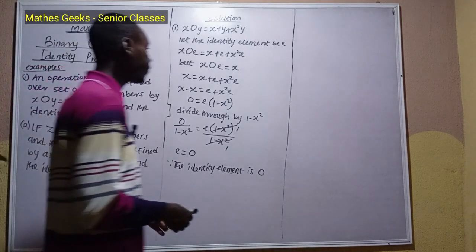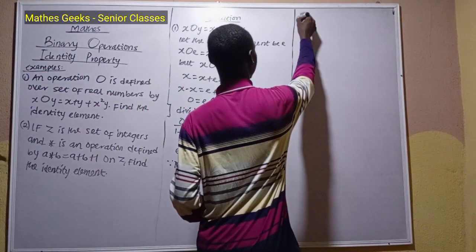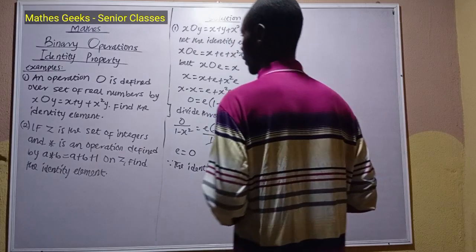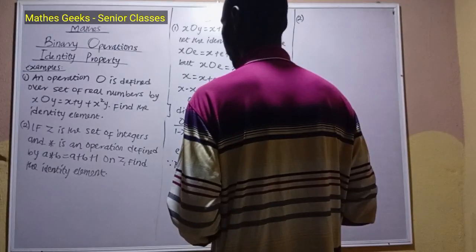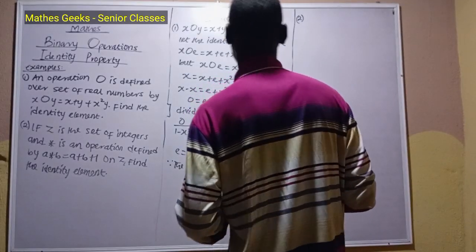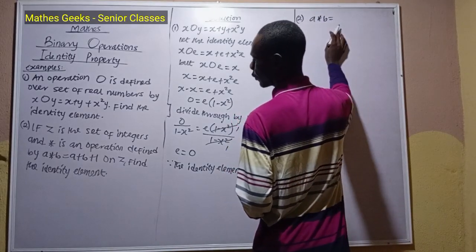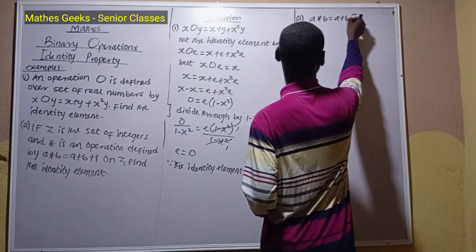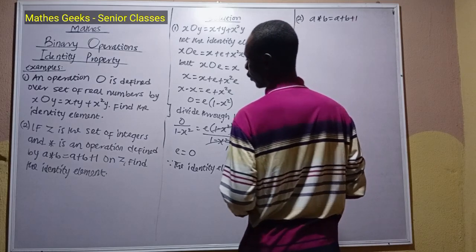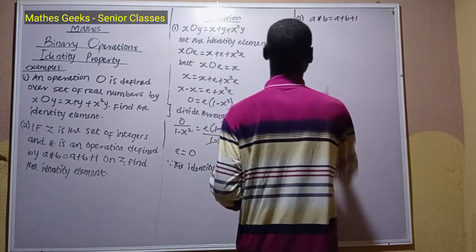Number 2. If Z is a set of integers and star is an operation defined by a star b is equal to a plus b plus 1 on Z, find the identity element.